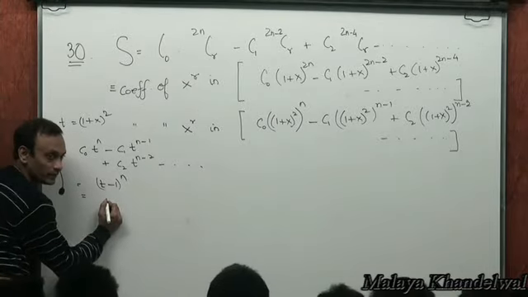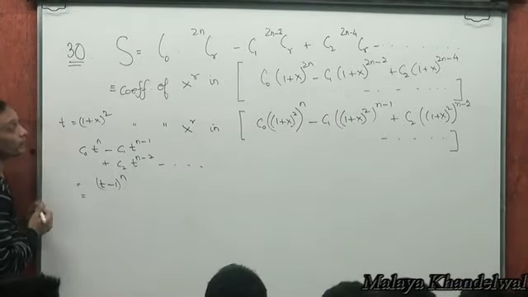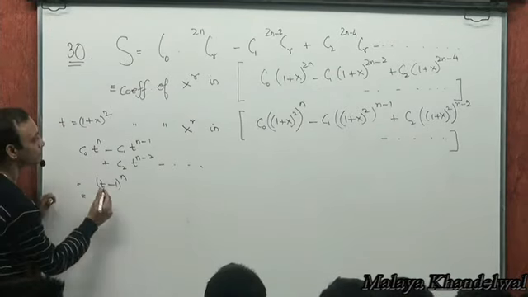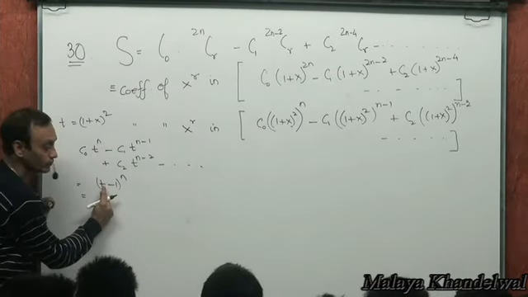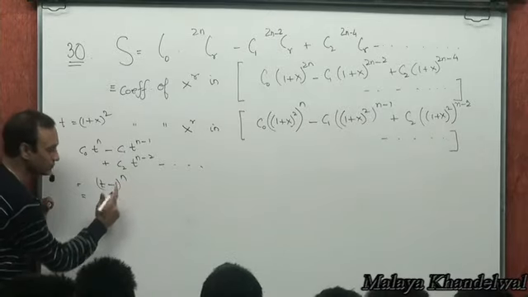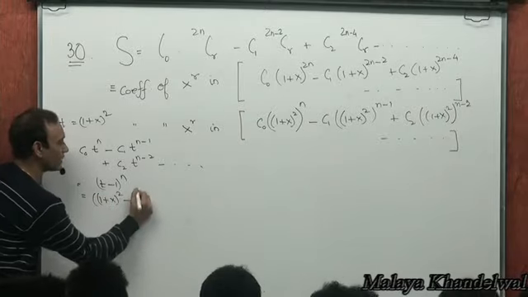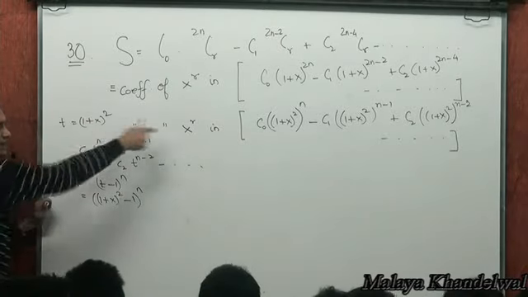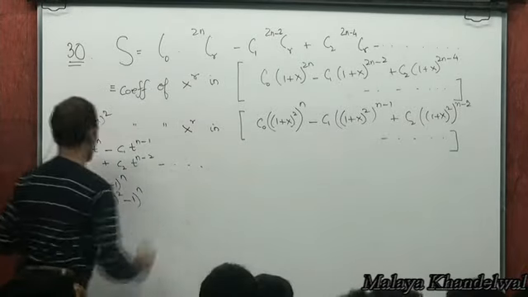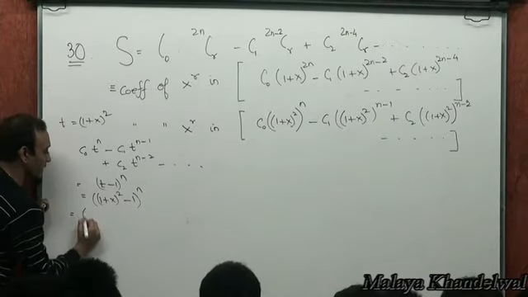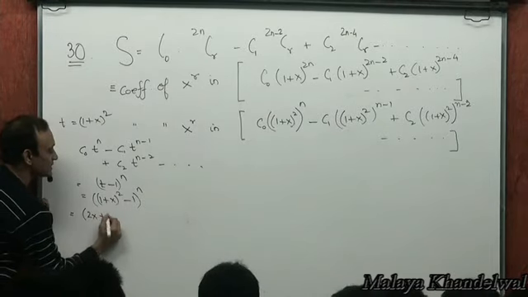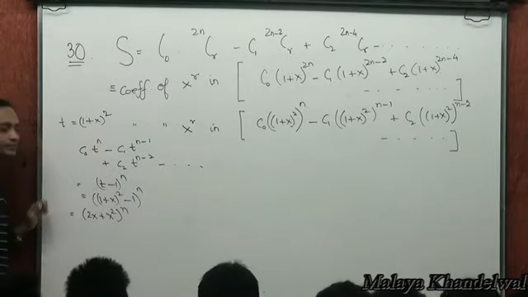So this would be what? (1 plus x whole squared minus 1) whole to power n. Right? When I simplify this expression, this would be like (2x plus x squared) whole to power n.